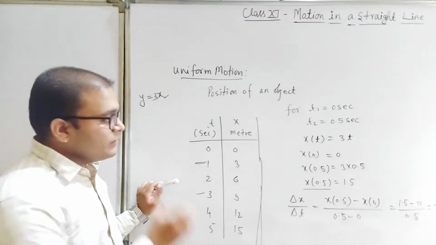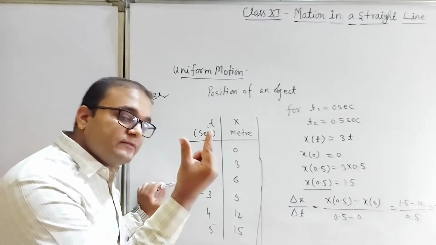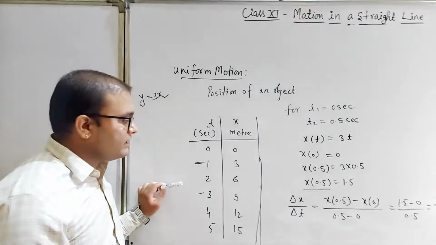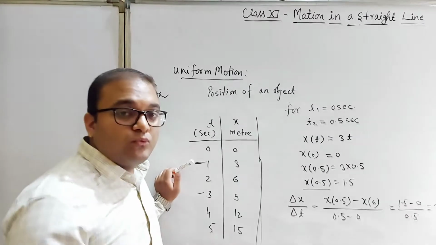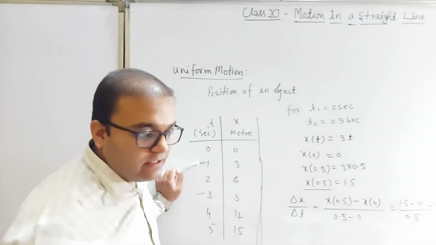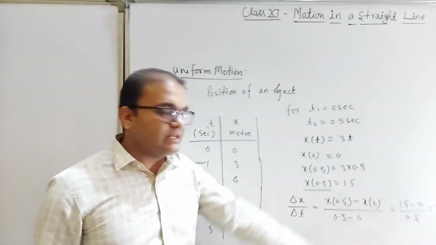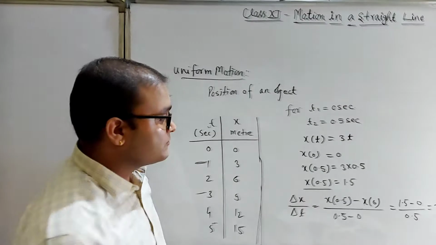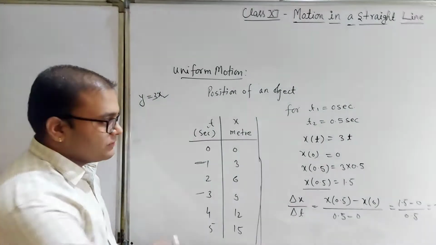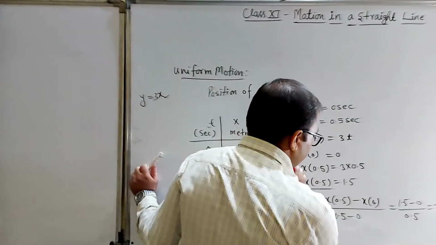Now we will check for a further short interval of time, between 1 and 1.1 second. For a very short interval of time, the velocity should be constant, 3 meter per second. You can note this down.